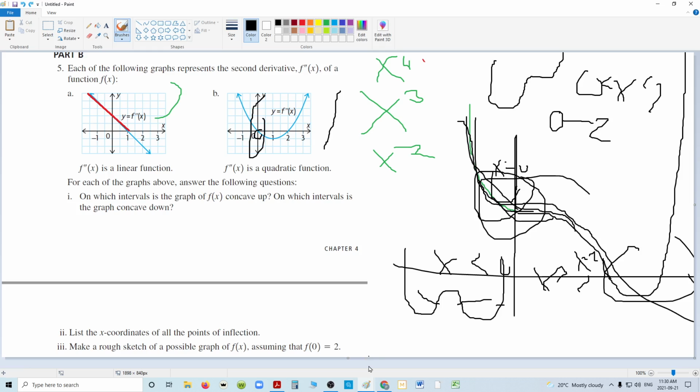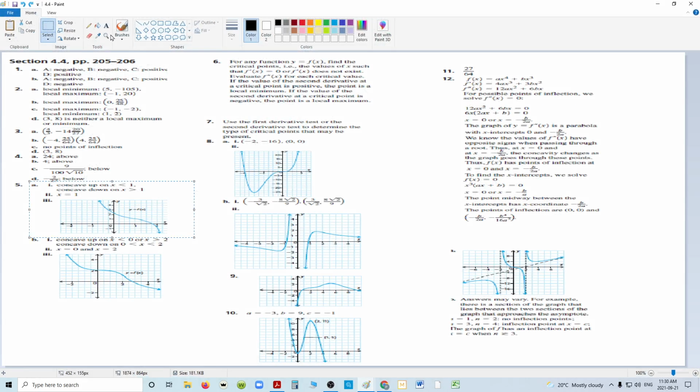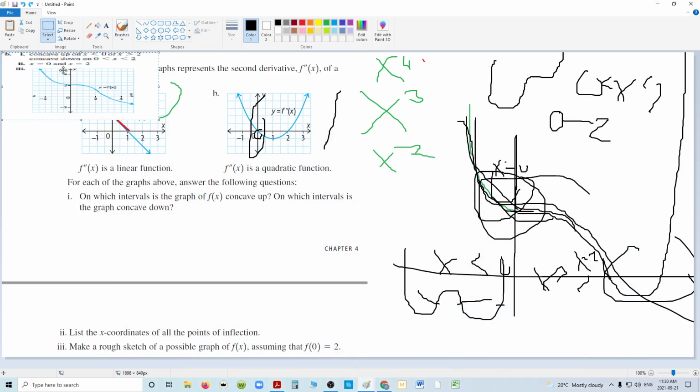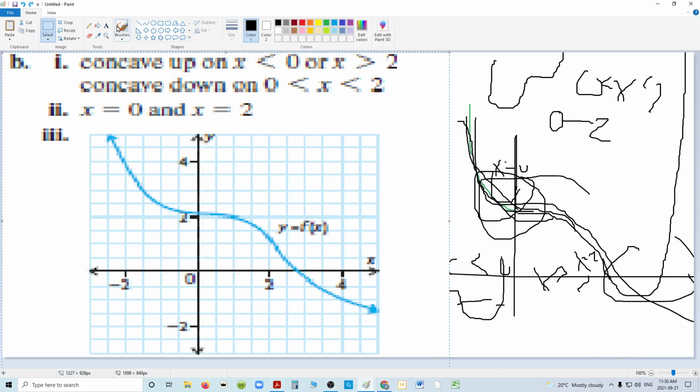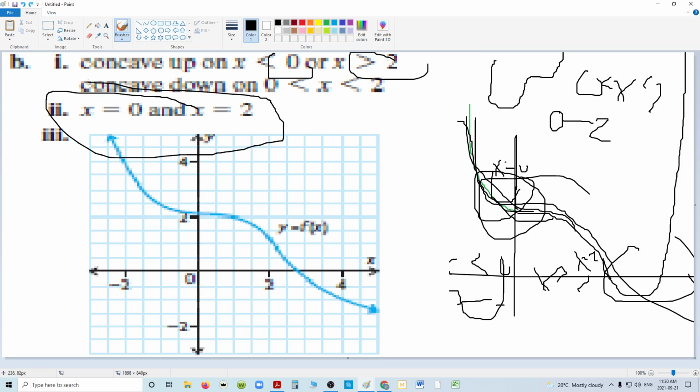Let's see how we did. Okay, they're telling us that it is concave up below 0, which is what we've discovered here, and above 2, which is what we said here. And they're saying it's concave down between 0 and 2, which is what we said. And we said the inflection points were 0 and 2, which is what we said.